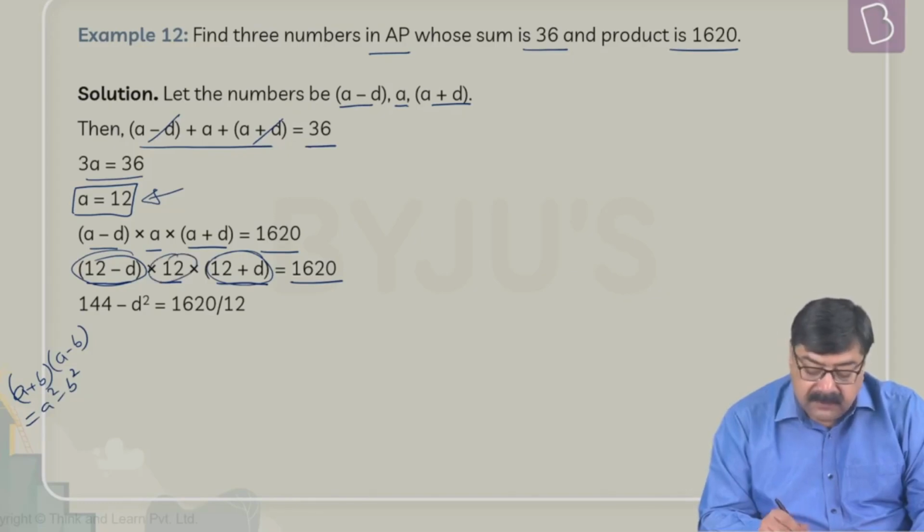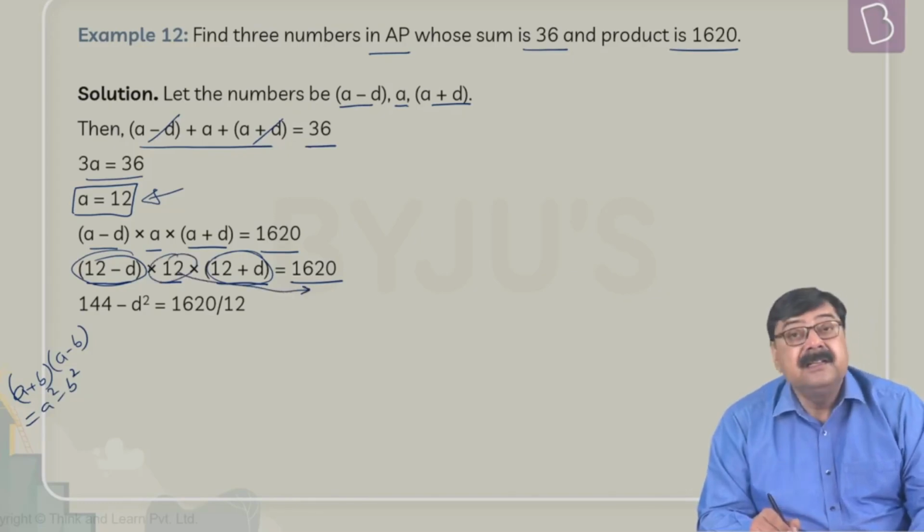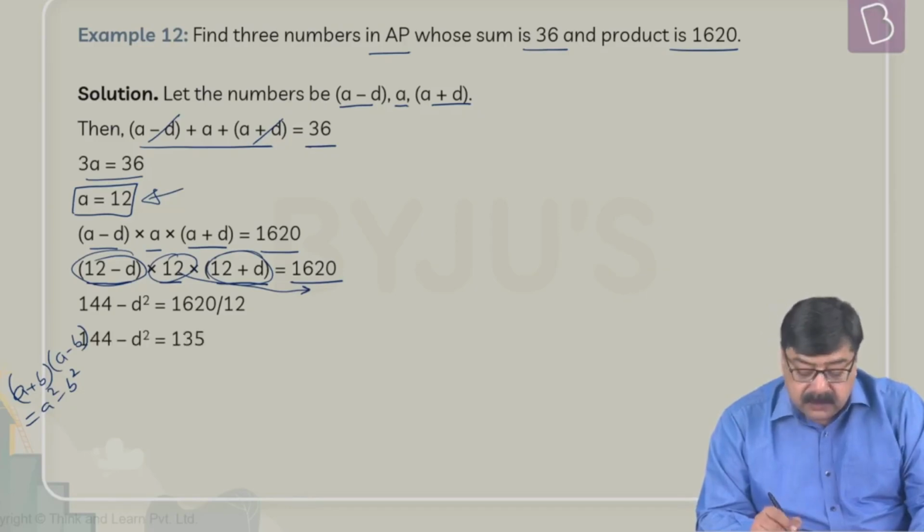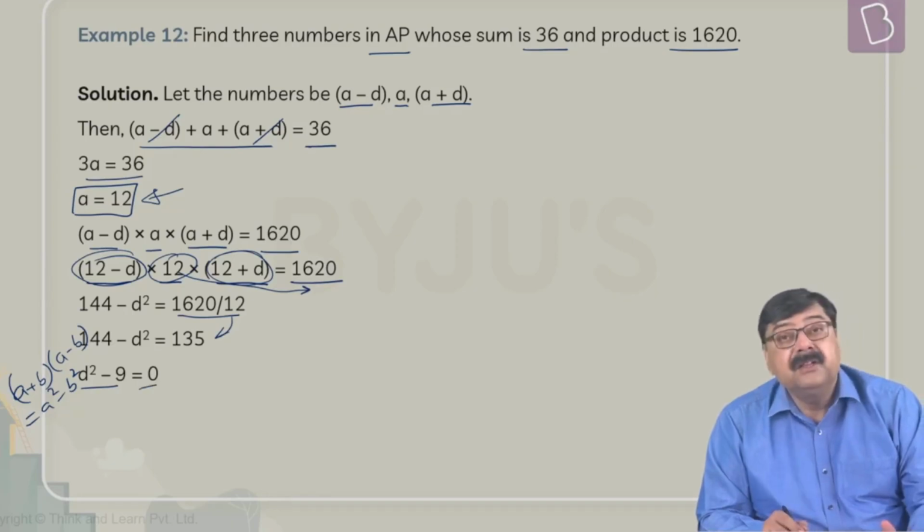And this 12 here goes towards the right hand side and becomes the denominator below 1620. So 144 minus d square equals 1620 by 12, which works out to be 135. We get an equation d square minus 9 equals 0, because 144 minus 135 is 9.